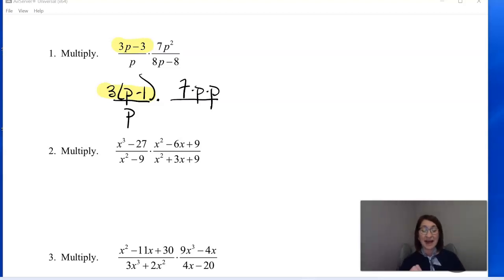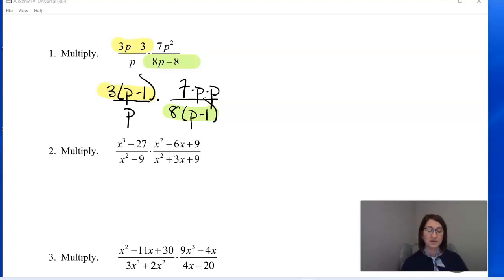And then in the denominator, we can take that 8p minus 8, and factor out a greatest common factor of 8, and we're left with p minus 1. So now that everything is factored and expanded, we can go ahead and reduce.